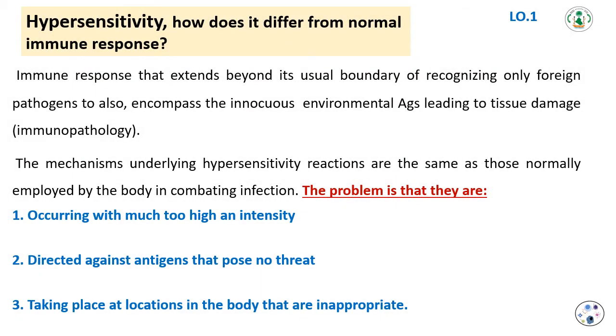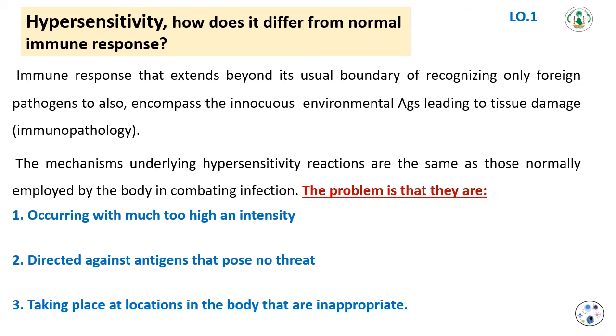Now, hypersensitivity: how does it differ from normal immune response? It is an immune response that extends beyond its usual boundary of recognizing only foreign pathogens to also encompass innocent environmental antigens, leading to tissue damage or immunopathology.